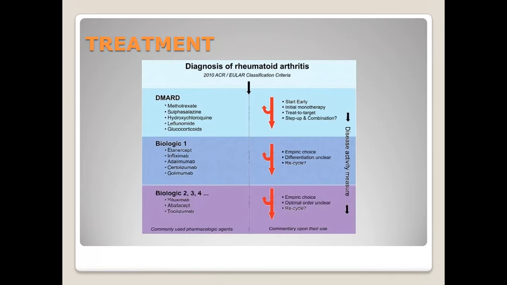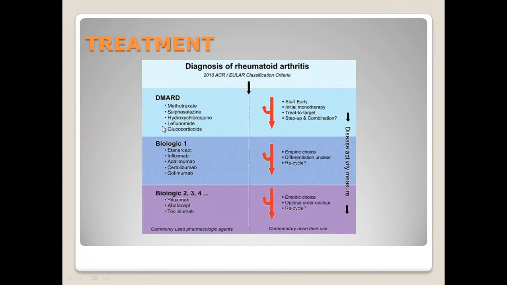So how do you want to treat it? We call this DMARD, that is disease-modifying anti-rheumatic drugs. So again, I'll say disease-modifying anti-rheumatic drugs, which should be started as early as possible. It's better to give monotherapy, that is, a single drug is enough in the early stages. If it's not, then you can add one more drug in combination.